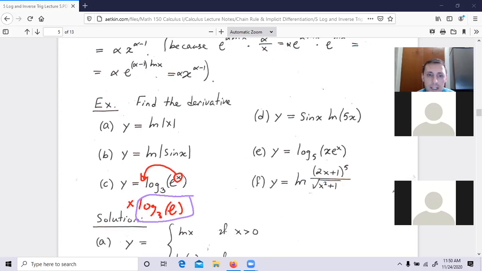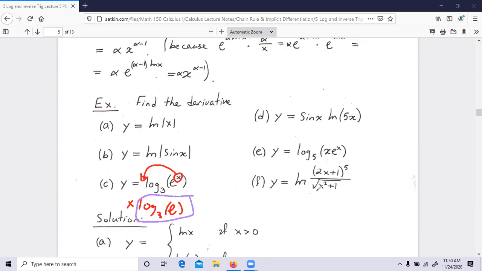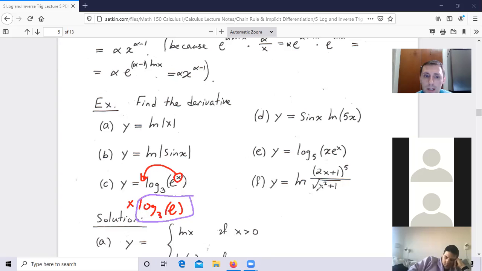Yeah, just a number. So it's really just a line with slope log base 3 of e. So the derivative is simply log base 3 of e, as many of you have written.